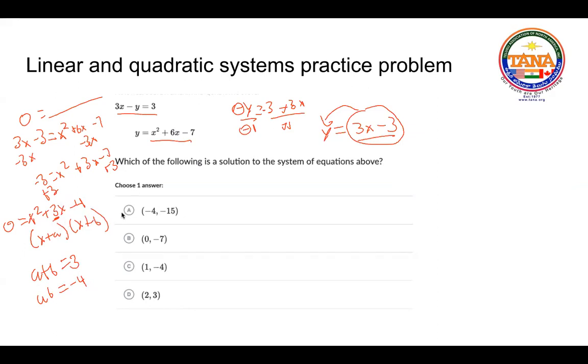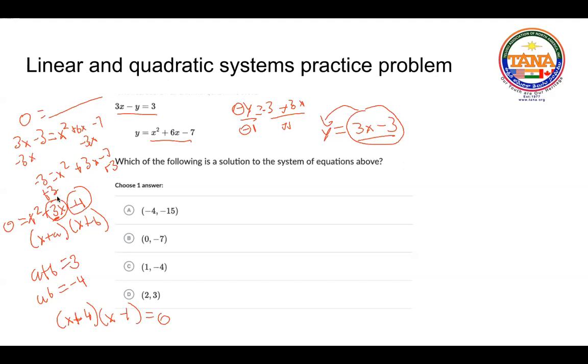Whenever you factor, you have to make sure that the two numbers add up to the middle term and multiply out to the end term. In this case, the two factored terms would be x plus 4 times x minus 1 equals 0.